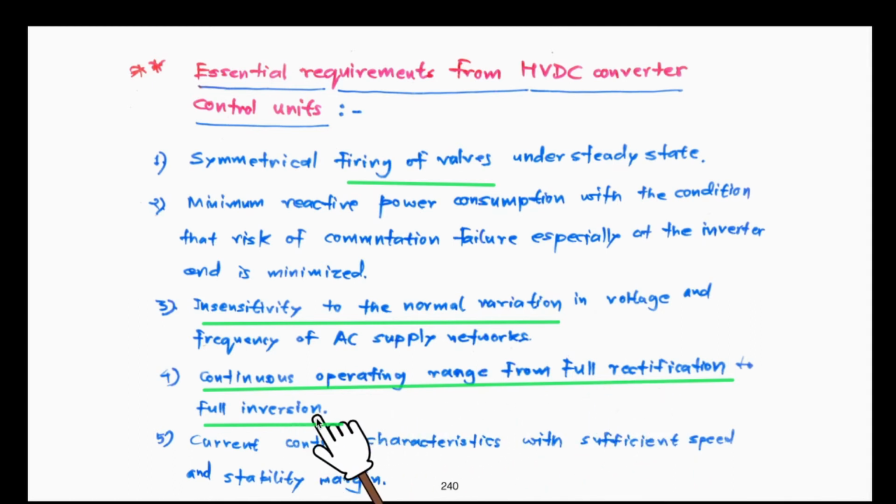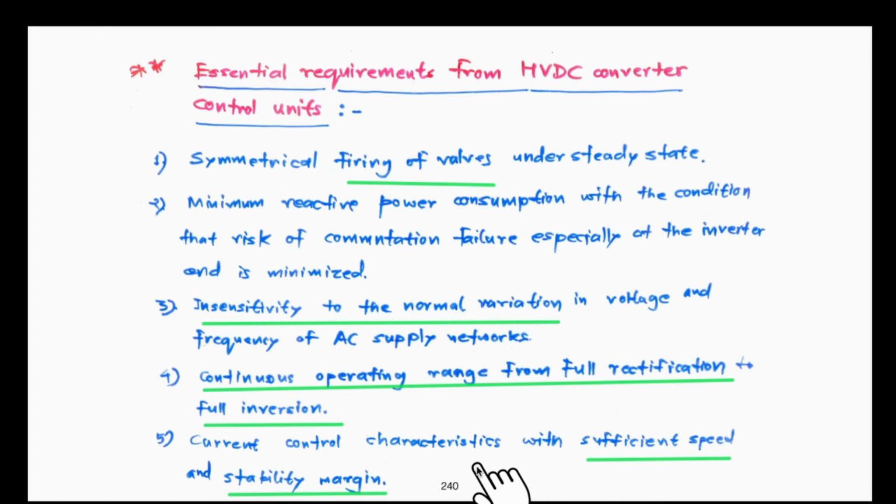And lastly, the converter controller characteristics should have sufficient speed, which is possible because it is controlled by microprocessors and microcontrollers, and stability margin.